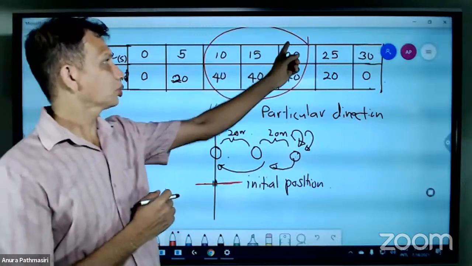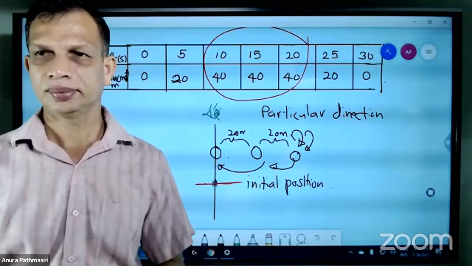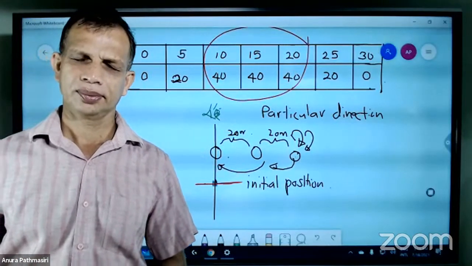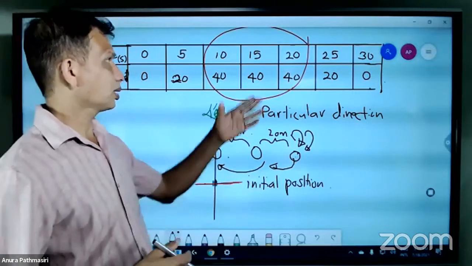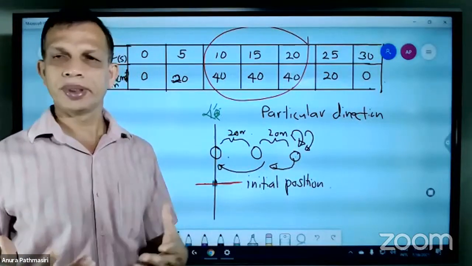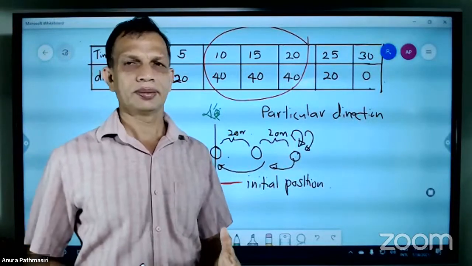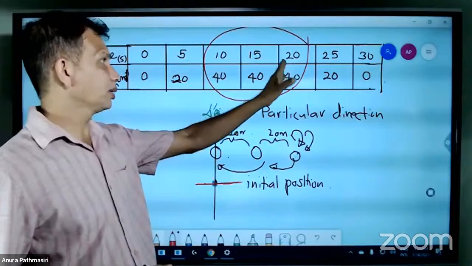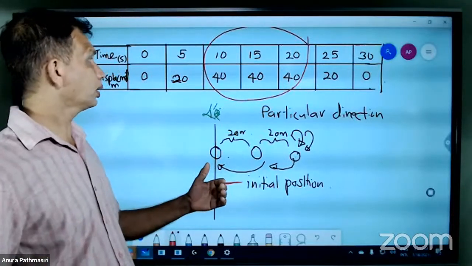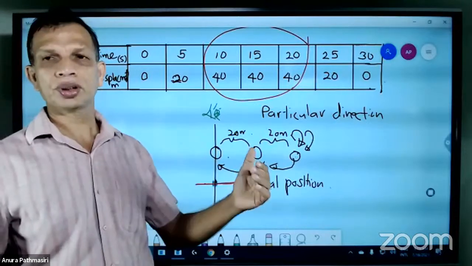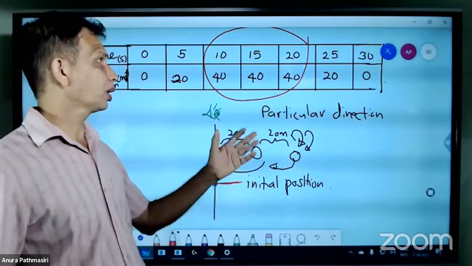During 10 to 20 seconds? The object is at rest. Yes, the object remains at a position of 40 meters from the initial position without moving.